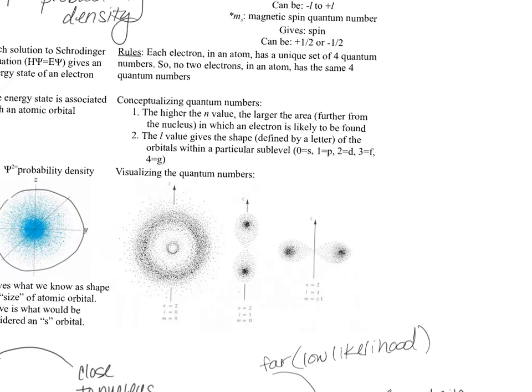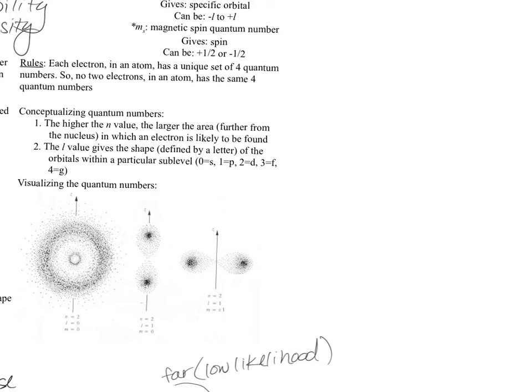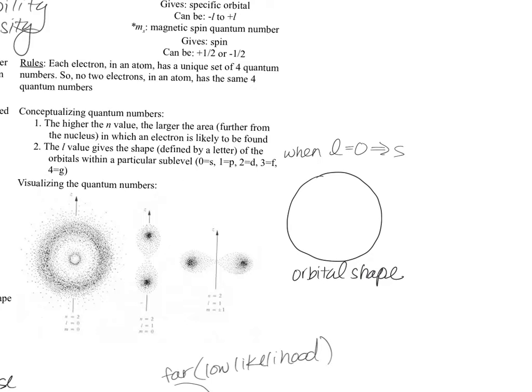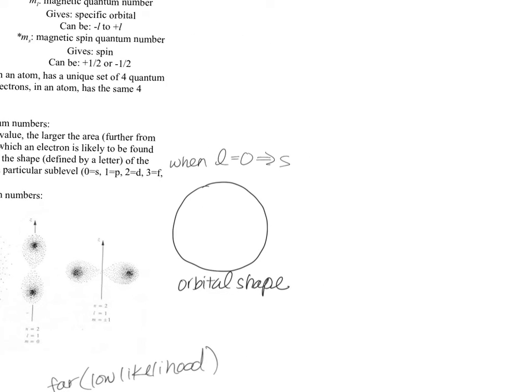When the letter for the angular momentum quantum number corresponds with S, the shape is like a sphere. As n increases, the probability density expands, and then we get P for L equal to 1, and the shape is like a dumbbell.